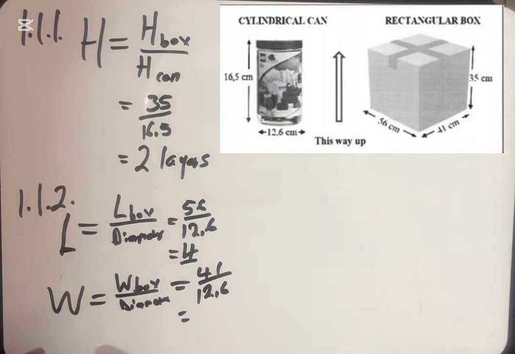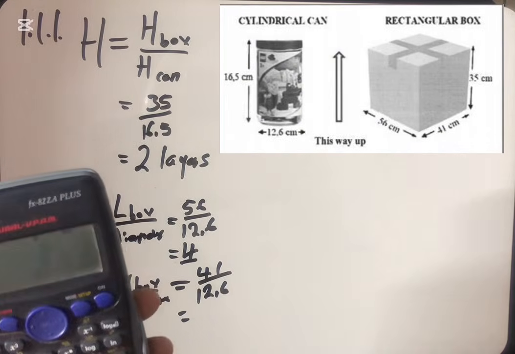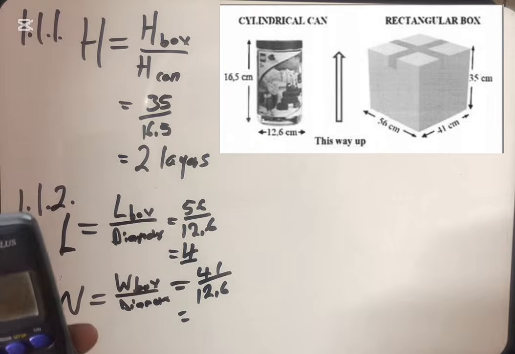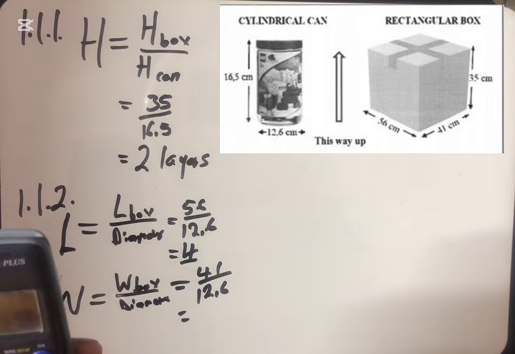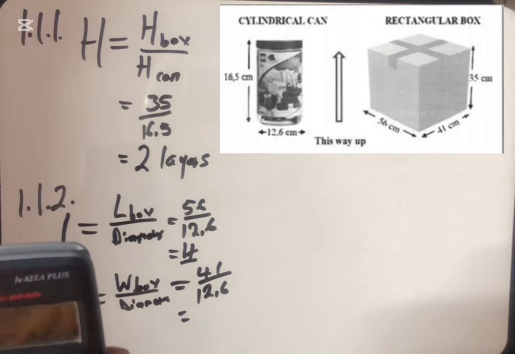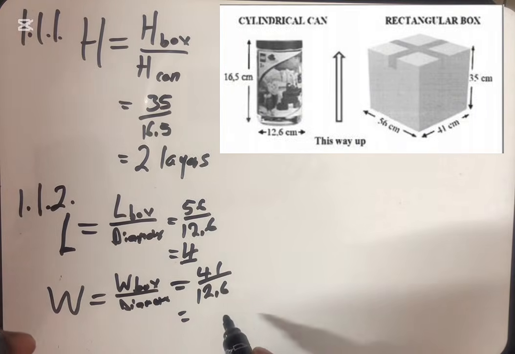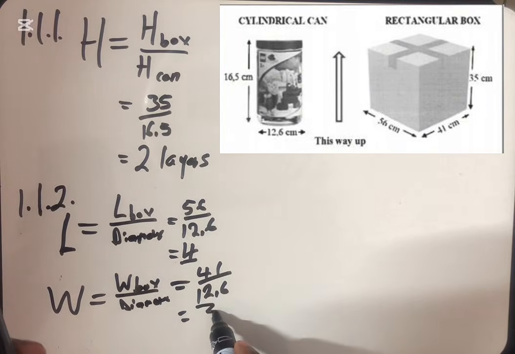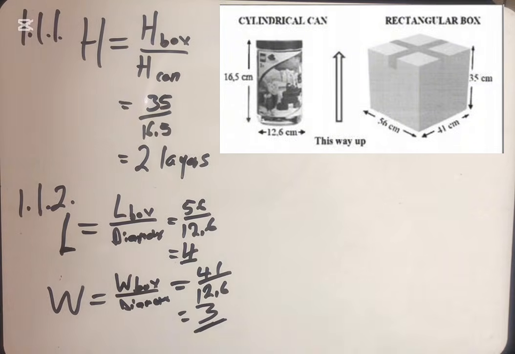Then we use a calculator. We are going to say 41 divided by 12.6. Our answer is 3.2539 and so on. Like I told you, we don't mind about numbers after the comma. So along the width is 3, along the length is 4, along the height is 2.